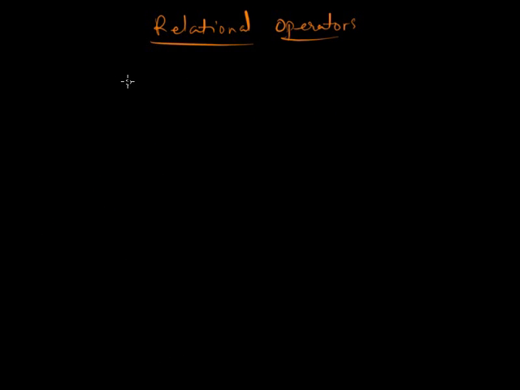Relational operators, as the name suggests, are a mathematical concept. Now in mathematics we have relations. We have something greater than something, something less than something, something equal to something. So the same concept applies in C. First let us look at the operators in mathematics, then we'll relate them to the C language.